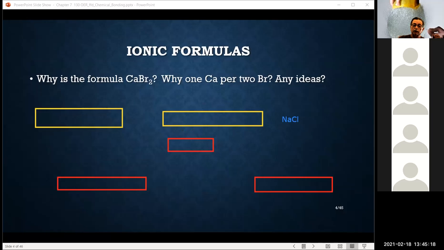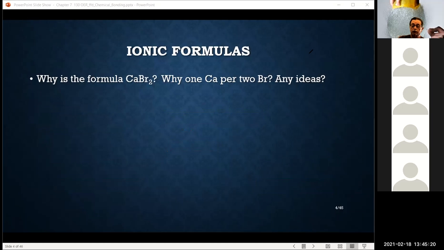All right. So now in writing bonds together, specifically ionic bonds, your book here says, why is the formula CaBr subscript 2? Okay. Why is that?